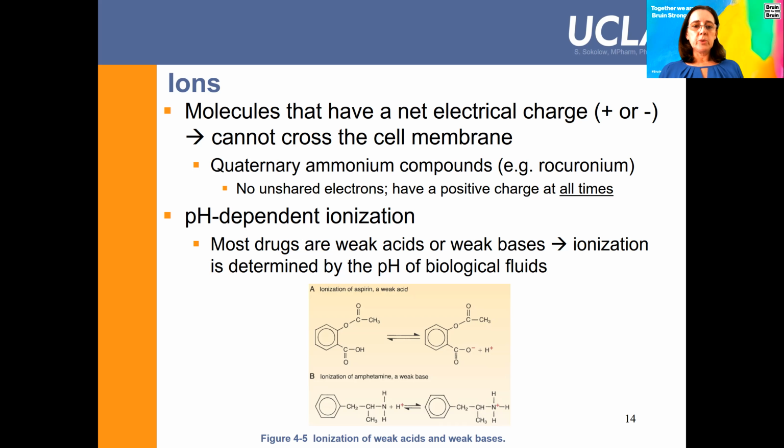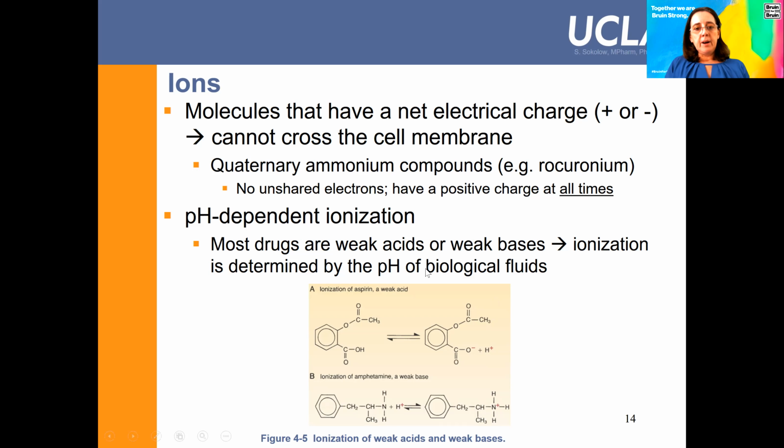Most of the drugs are weak acids or weak bases, which means that when they are in an environment that is either acidic or basic, their ionization is going to be different based on the pH of the environment they are in.